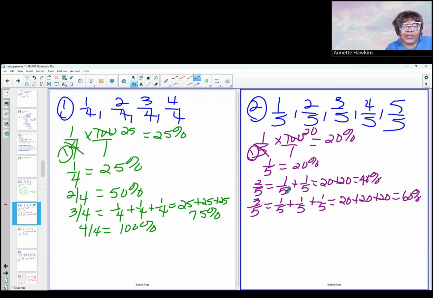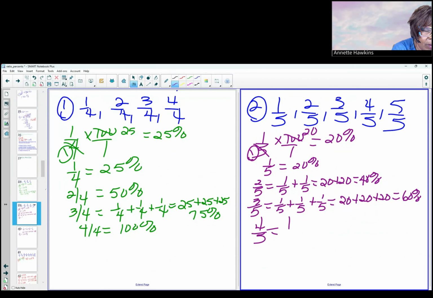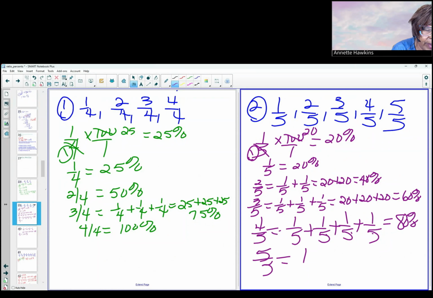So 2/5 will be 1/5 plus 1/5, 20 plus 20, 40%. 3/5 will be 1/5 plus 1/5 plus 1/5, 20 plus 20 plus 20 equals 60. 4/5 is 1/5 plus 1/5 plus 1/5 plus 1/5, 20, 40, 60, 80. And then 5/5 would be a whole, which is 100%.